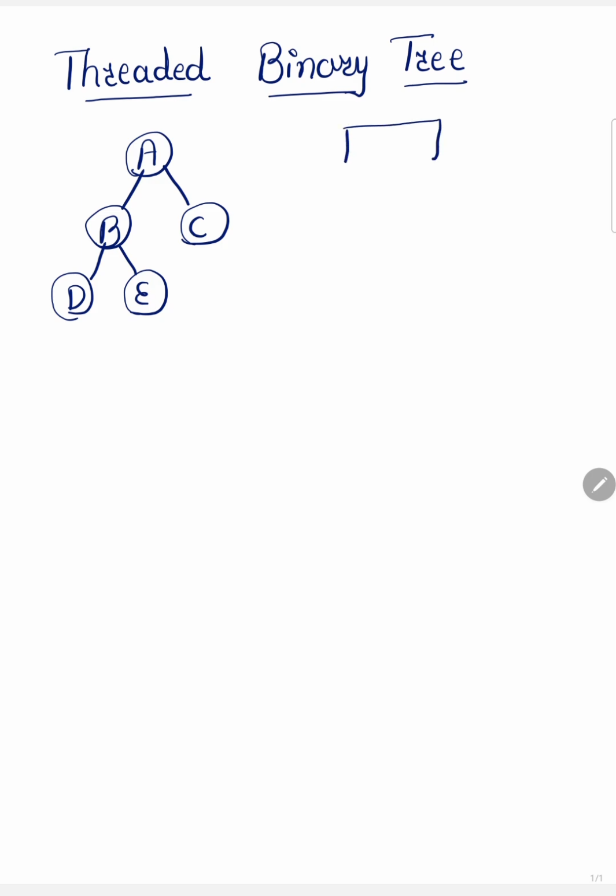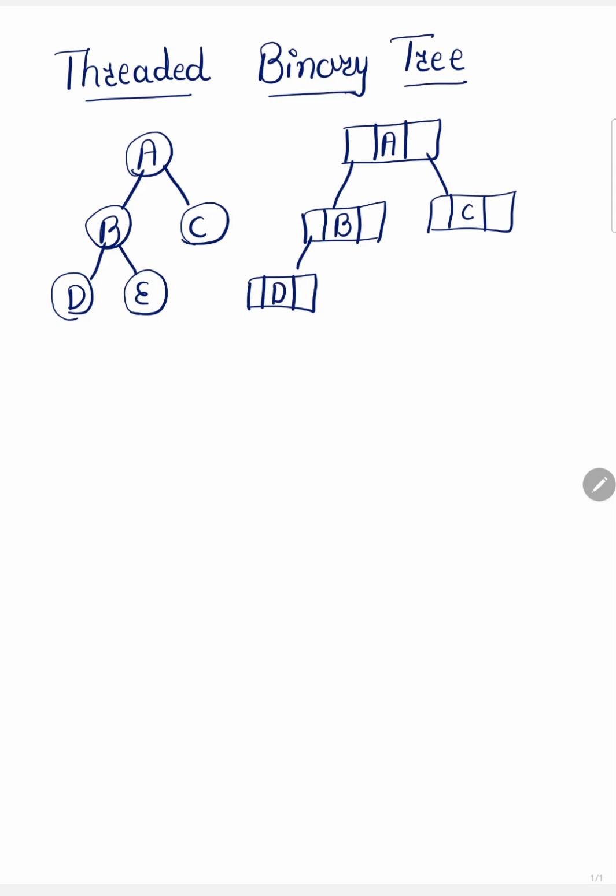So in a link representation, this is my A, and then I have B, and then C, then this one is D, and here we have E. Now in this, as you can see, the leaf nodes do not have any child, so the left and right pointers will store null, because null represents there is no more child.